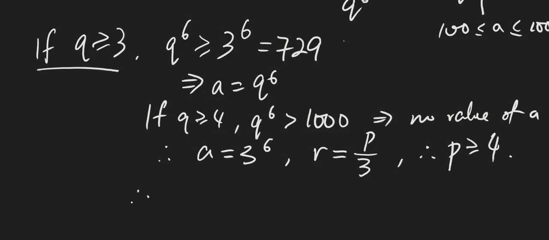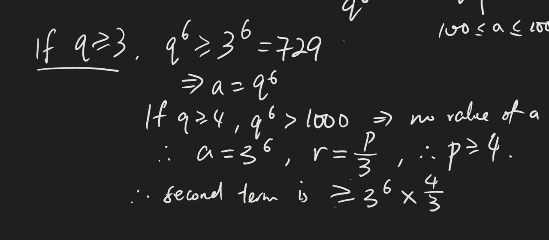And therefore the second term is 3 to the power of 6 times 4 over 3, which is 243 times 4.